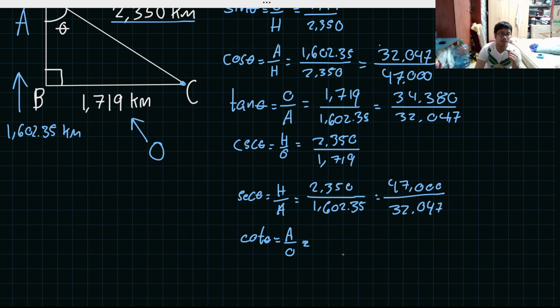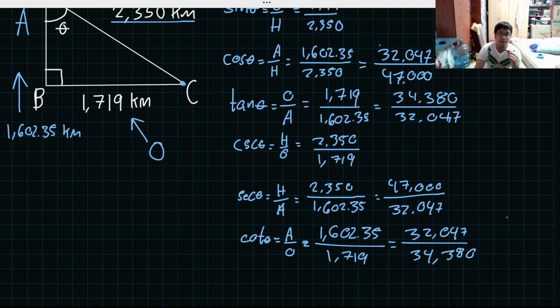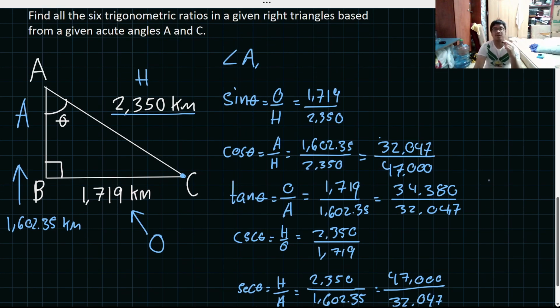And lastly, cotangent theta, just like what I did to secant theta and cosecant theta, is the reciprocal of tangent theta. So if we have 17k over 16k, then we have 1,602.35 over 1,719, or we can simply rewrite this as 32,047 over 34,380. And these are your trigonometric ratios at angle A.